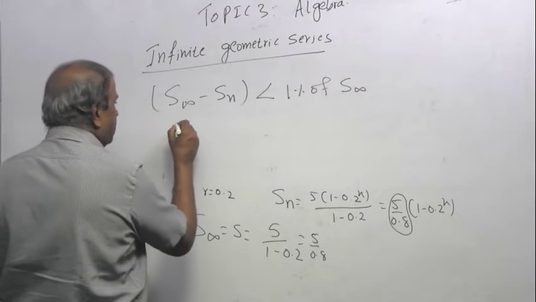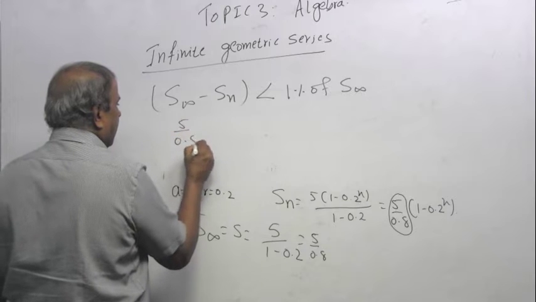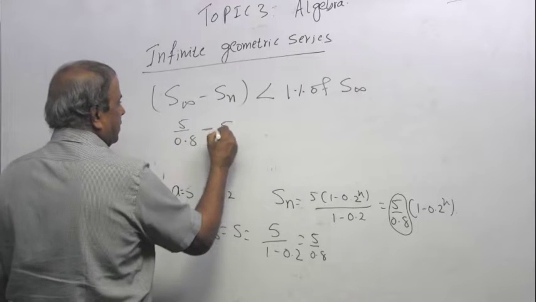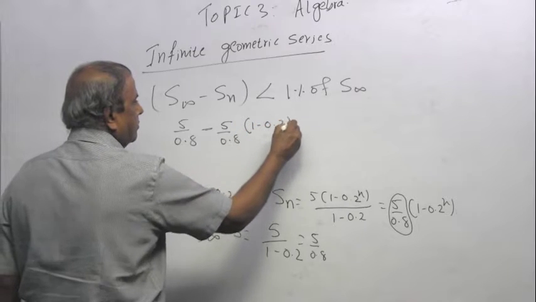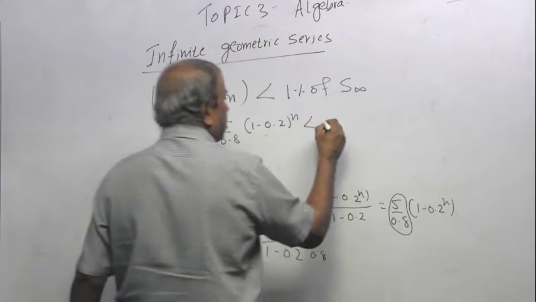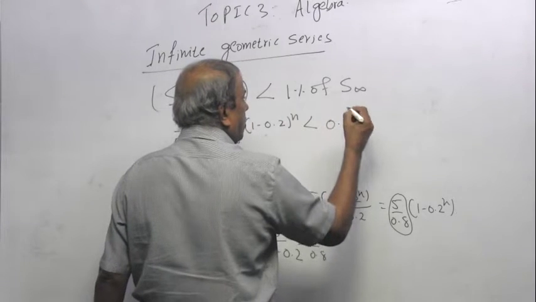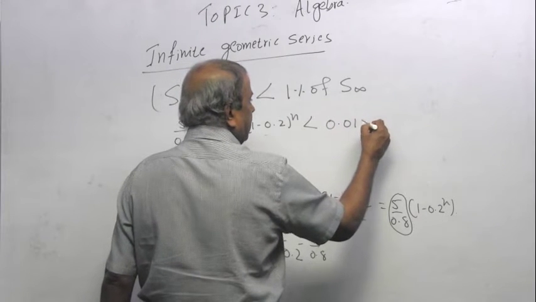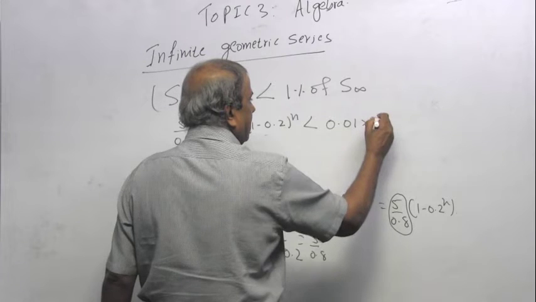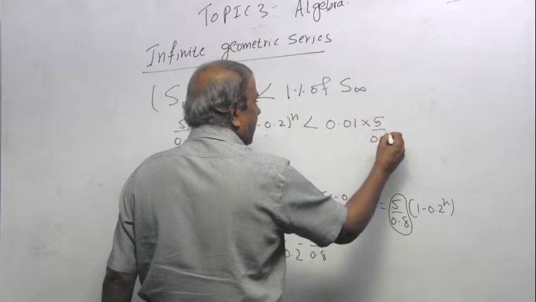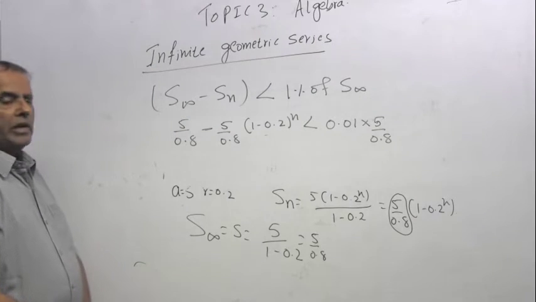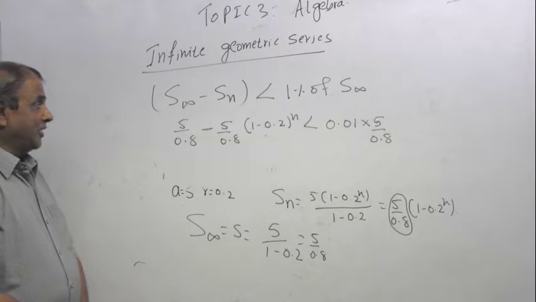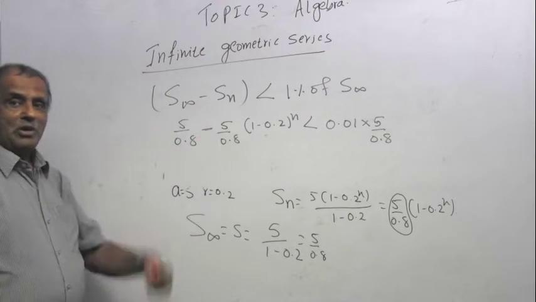So the sum to infinity is 5 over 0.8, minus the sum to n terms, that is less than 0.01 of the sum to infinity. Now, do you understand why I did not get rid of the 5 over 0.8? Because I can divide throughout by 5 over 0.8.